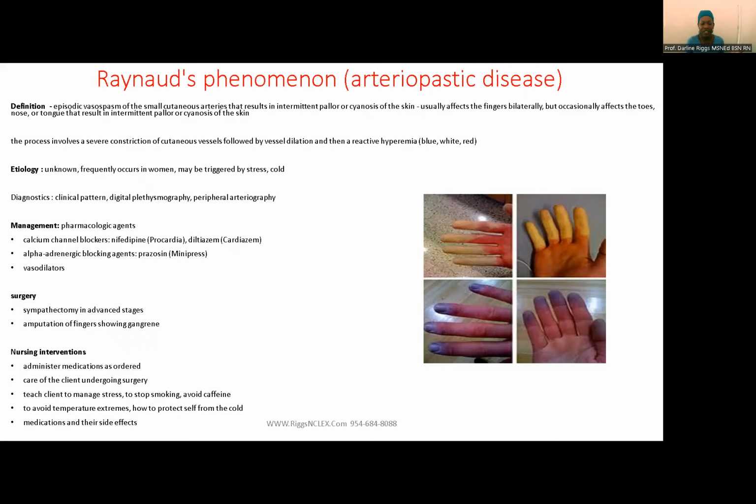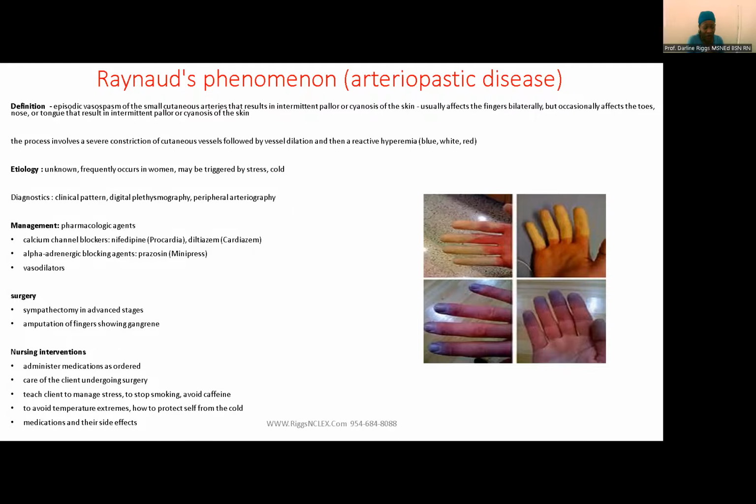Treatment. Your calcium channel blockers. Yay! Which you're very familiar with already. Nifedipine, diltiazem. Your alphas are great for those because they're going to get to those small blood vessels and open them. They're going to dilate. So these clients need these vasodilators for this type of problem.